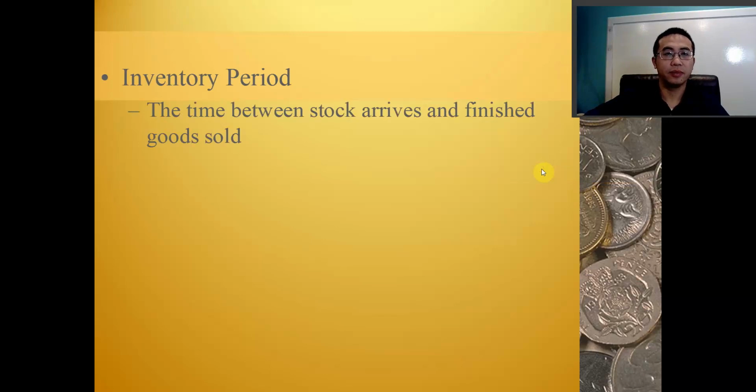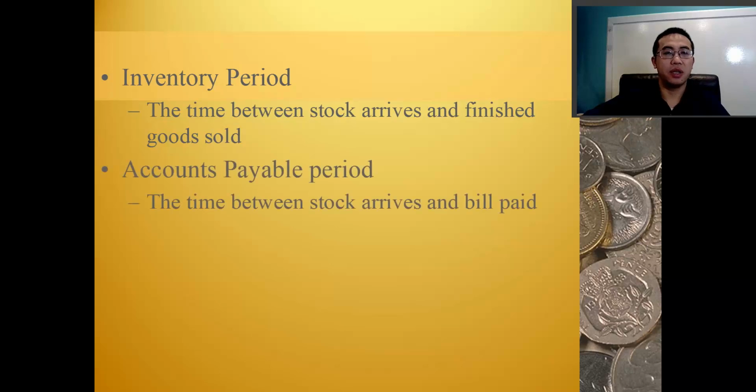All right, how to calculate each of these periods and cycles is your primary task for the upcoming quiz. First of all, when you calculate the inventory period, you need to know the turnover of the inventory. As the definition says, inventory period is the time between stock arrives and finished goods sold.